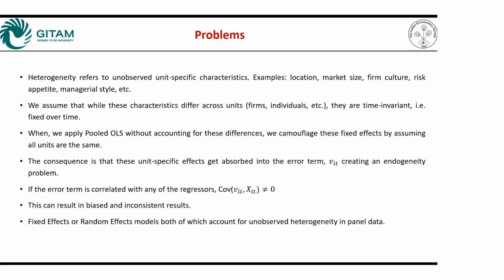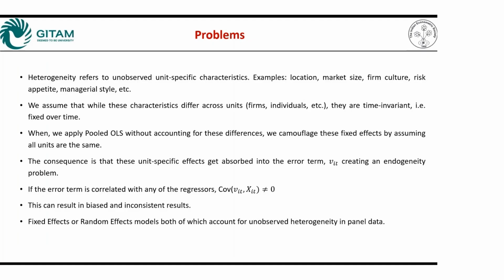Now we assume that while these characters differ across units, they are time invariant, or fixed over time. That means whatever period of time you run the analysis, these things will not change. Even if you are talking about today, tomorrow, or in the future, it will be the same.